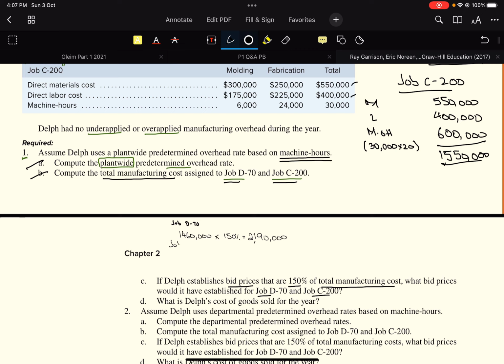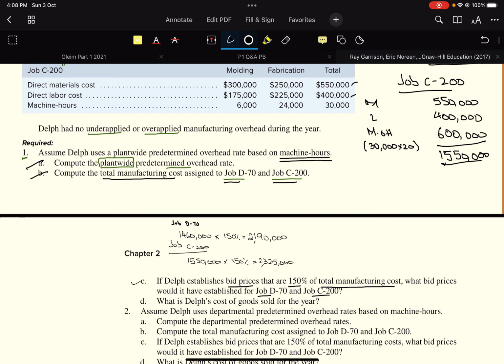For job C200, total cost is 1,550,000 into 150%, so this is 2,325,000. So this is your part number C.